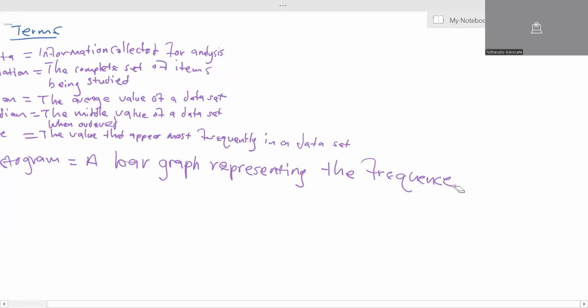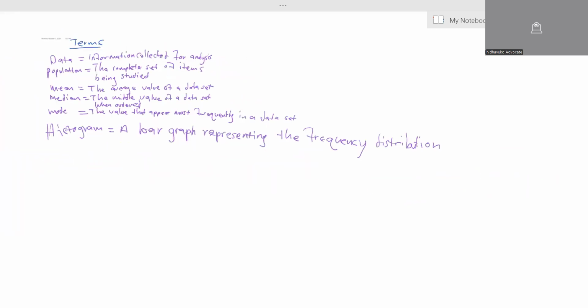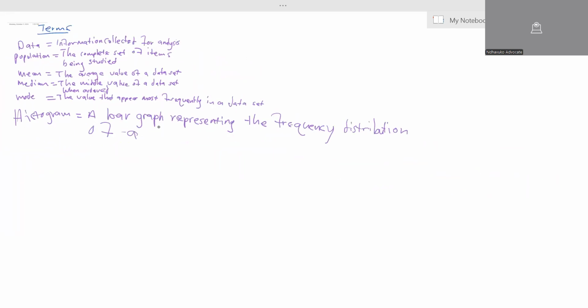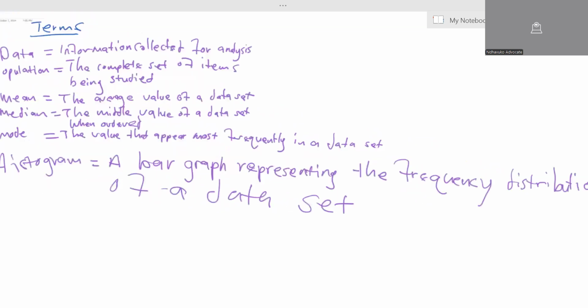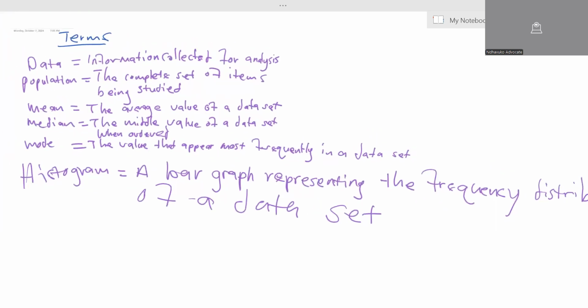These are the terms. You can take a screenshot of that one just so that you may know them.